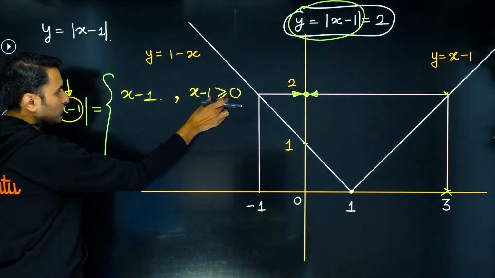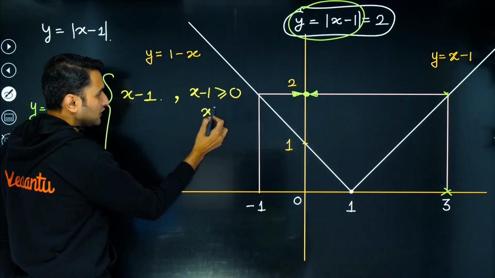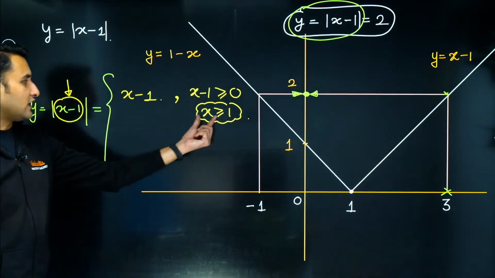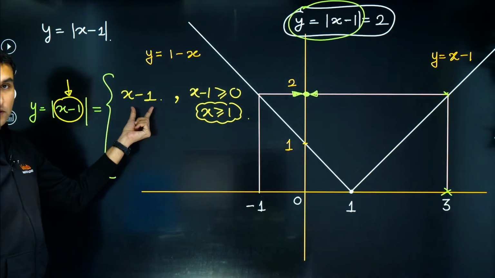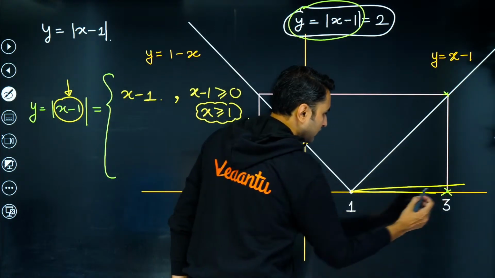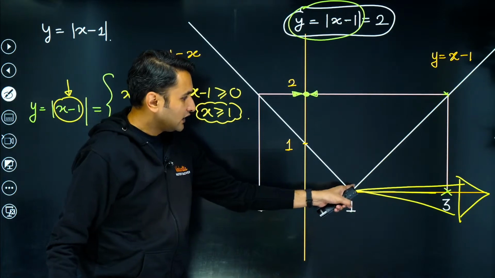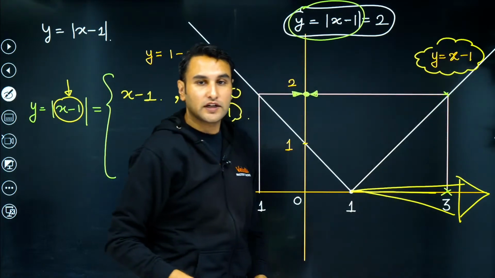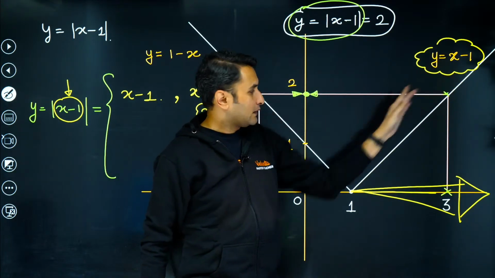When the input which is getting inside the modulus is positive, can I also write this as x greater than or equal to 1? So when x is greater than or equal to 1, this function y behaves like x minus 1. This is the graph you learned in coordinate geometry: y equal to x minus 1 is this line.